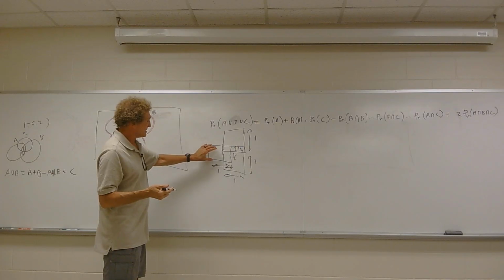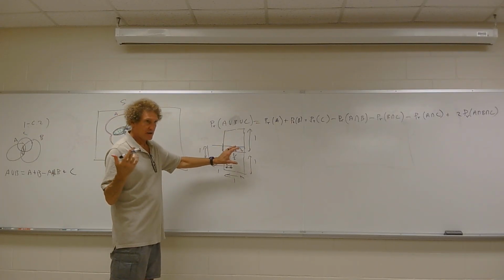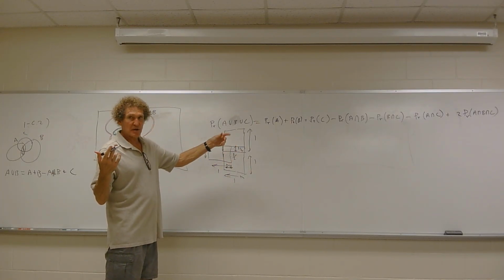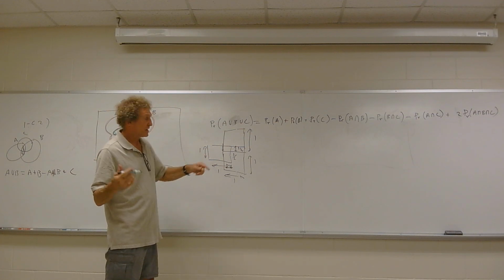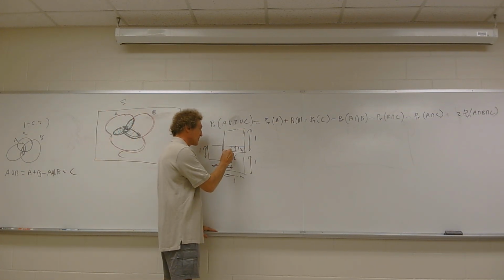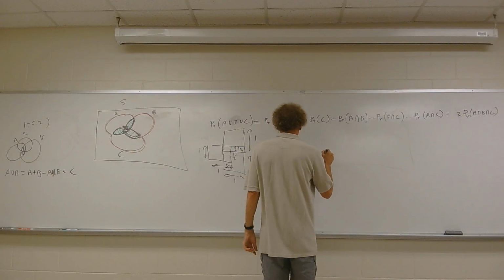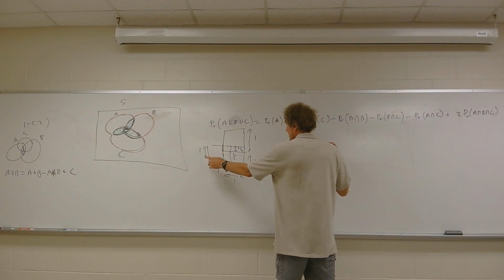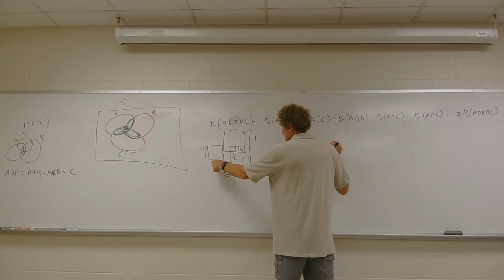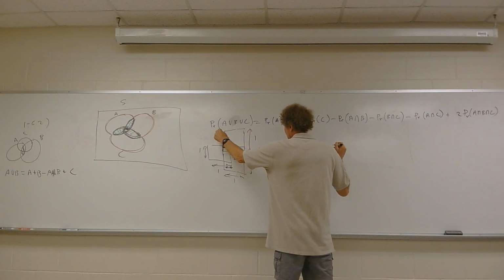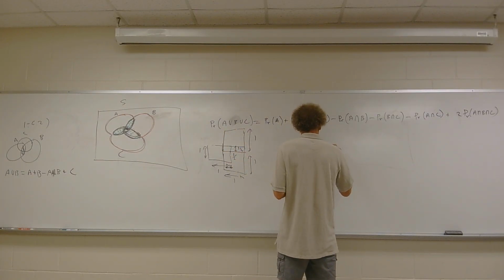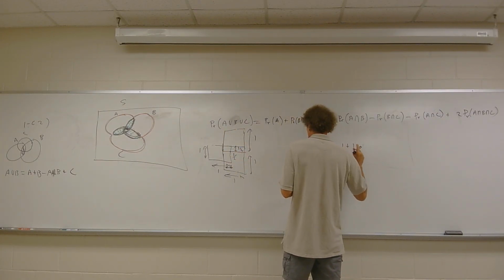So if I add the areas of each one of these things, call it A, B, and C, it's 1 plus 1 plus 1. With me, class? Remember, the dimension of this is 1/2 by 1/2. So if I take this, and I want the total area that is in this rectangular thing, it's going to be 1 plus 1 plus 1.